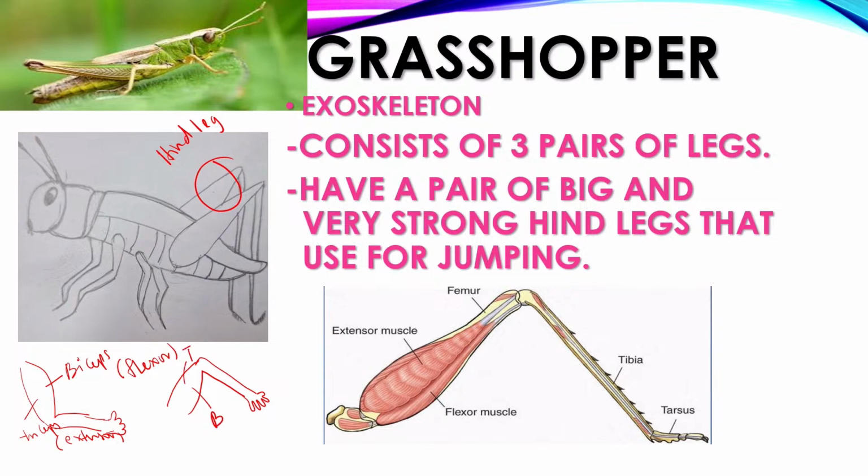So the biceps represent the flexor and the triceps represent the extensor. If you understand this, I think you have no problem in locomotion of grasshopper. Okay? Alright, now we want to see for jumping what the grasshopper will do. So you remember this, yeah?